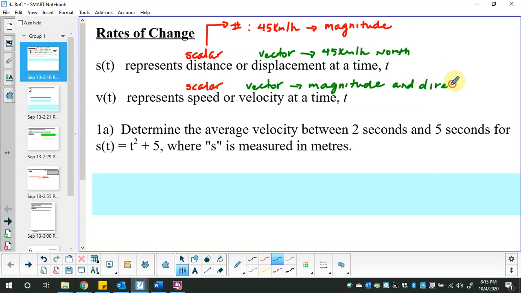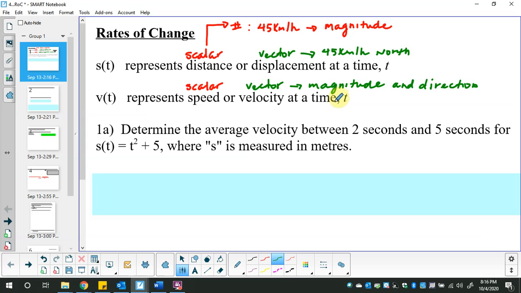So up, down, north, south, east, west, to grandma's house, from grandpa's house. Whatever the case is, it's got a magnitude and a direction. We're not going to worry so much about that now. I thought I'd preview the vocabulary for those of you taking calculus.